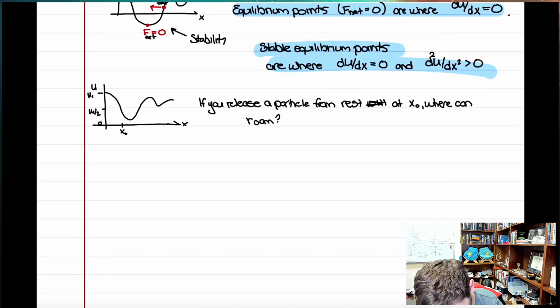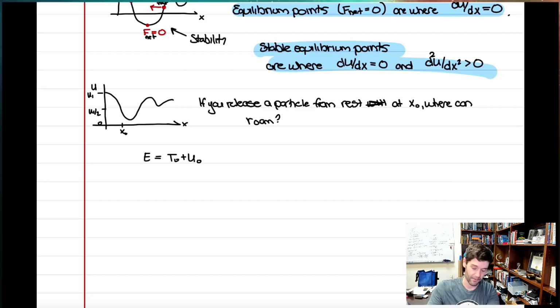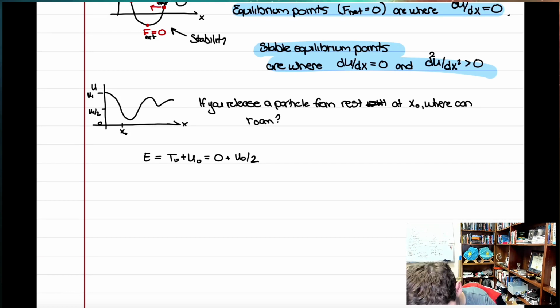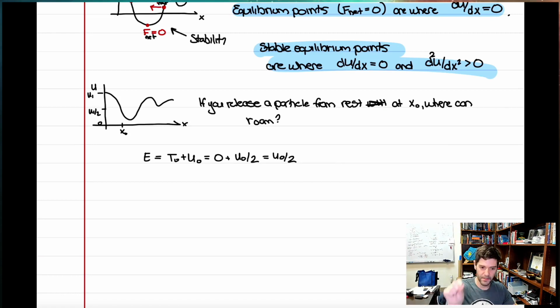Well, in this case, energy is conserved. So whatever the energy is at the initial spot must equal the energy at any subsequent spot, or what we were calling the final spot earlier. If it's released from rest, there's no kinetic energy, and it has a potential energy of u naught over 2, which is the total energy of the system in this case. So no matter what the particle does, its kinetic plus potential must always add up to u naught over 2.